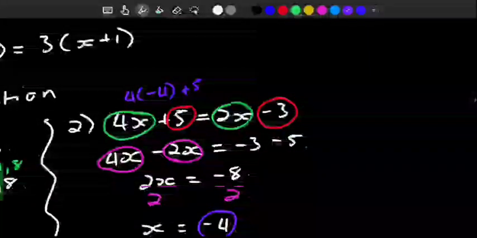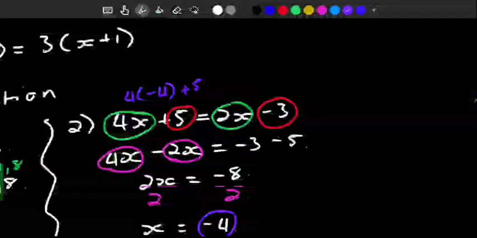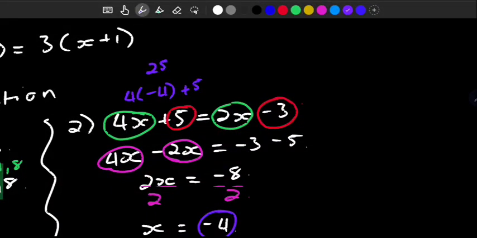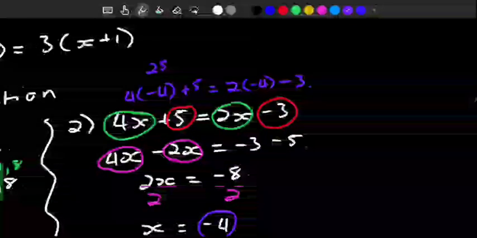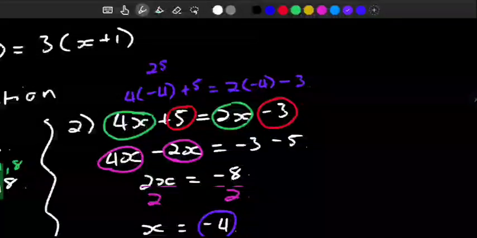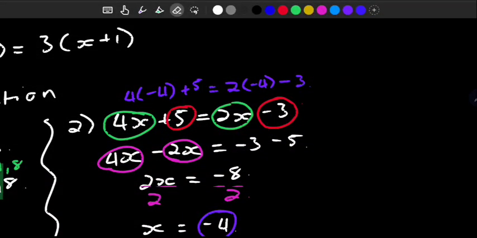So 4 times negative 4 is negative 16, plus 5 is negative 11, right?